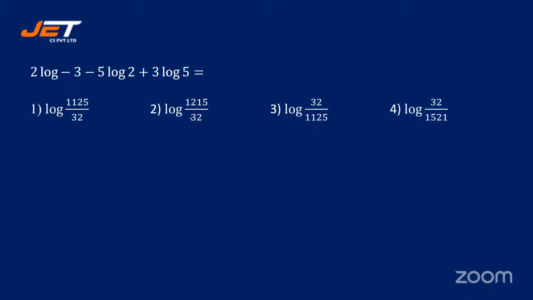2 log 3 minus 5 log 2 plus 3 log 5 is equal to dash. So how do you simplify this and bring it? Let me see how many of you are giving me the answers. Don't take more than 1 minute, because we have still more slides to be done.